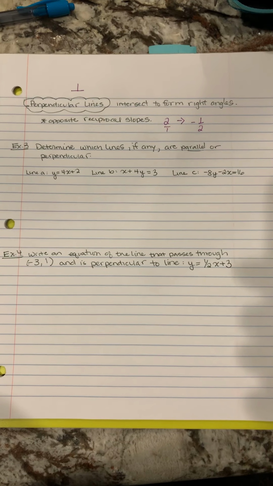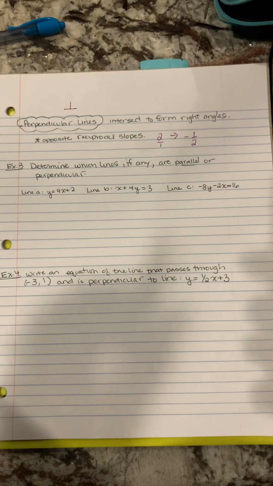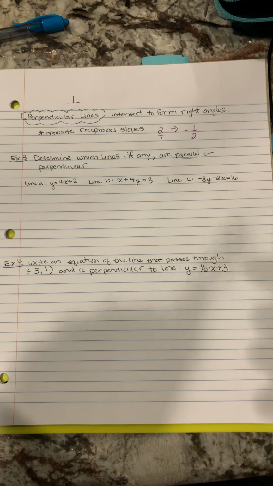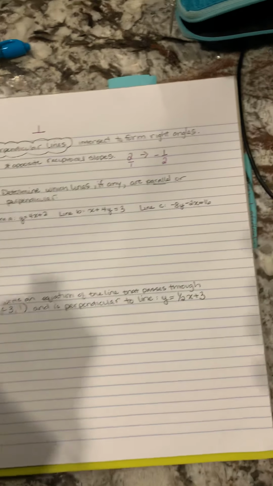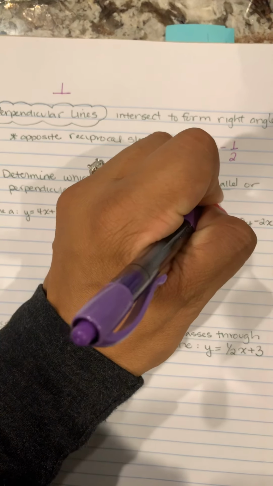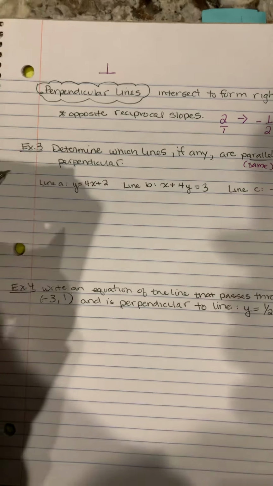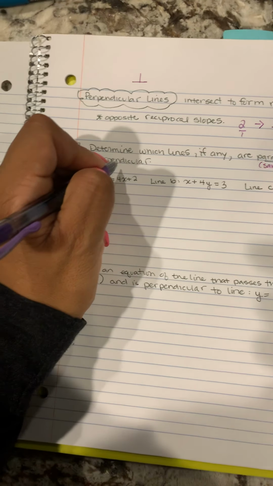Determine which lines, if any, are parallel or perpendicular. So parallel, remember, have the same slope. And perpendicular is opposite reciprocal.